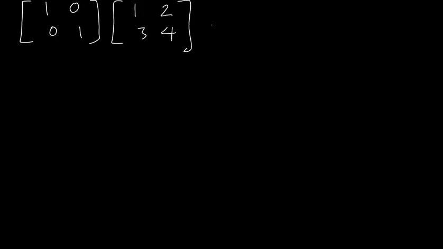Okay, now we know that this identity matrix, 1, 0, 0, 1, when you multiply with 1, 2, 3, 4, you'll get the same matrix 1, 2, 3, 4.